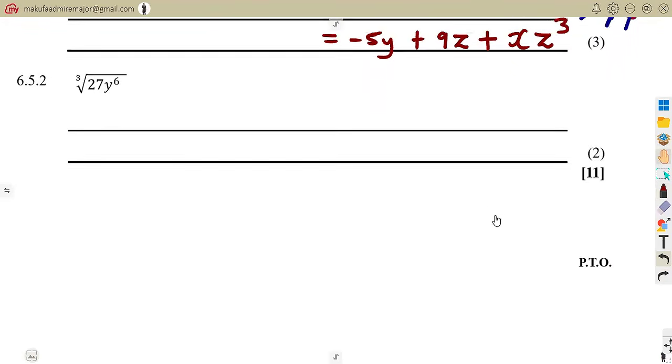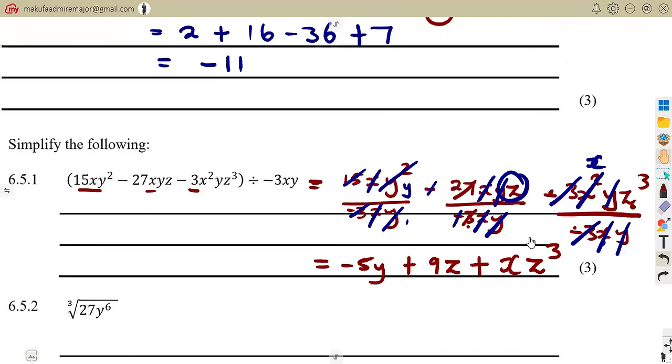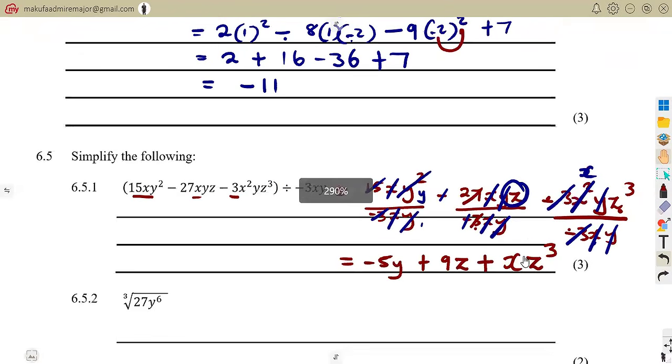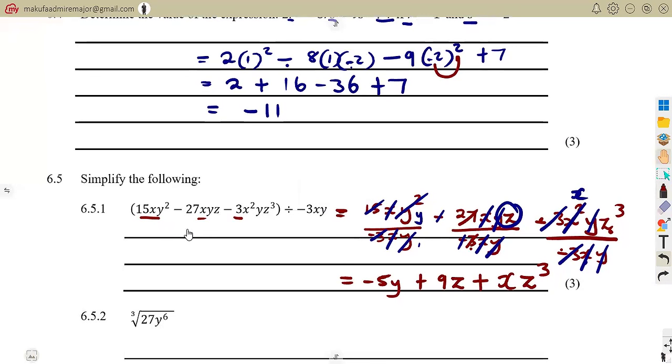So in this case, I'm very sorry, my network is just affecting here and there. So I just hope this part is clear from this part. We just have to divide each and every term. Each and every term we divide by the minus 3xy that you're given. So you can cancel this.